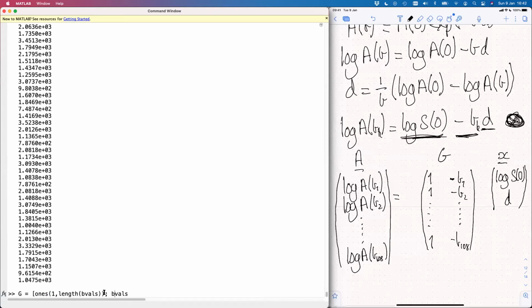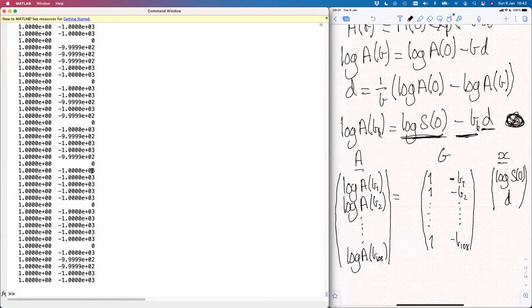Should be minus B values. And then the second column is minus the list of actual B values. I need to transpose it to get it into the right orientation, but that then is G. Let's have a look at it again. So there it is, as we'd expect, just a list of ones in the first column and the B values in the second column.